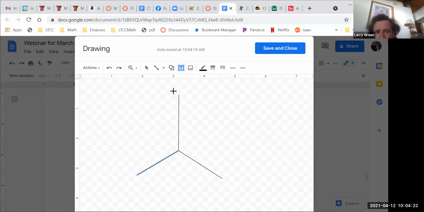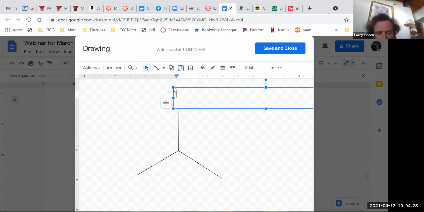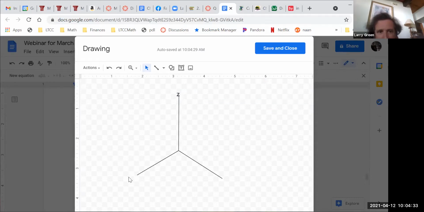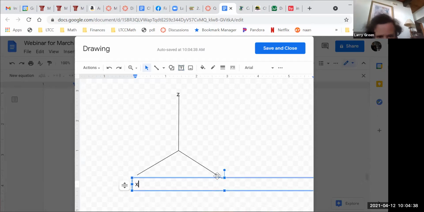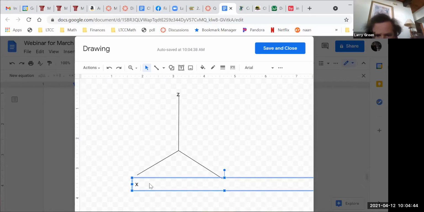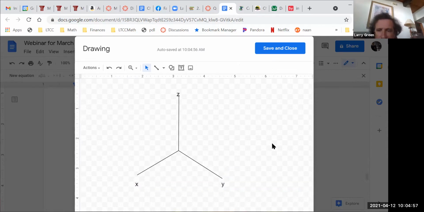So you draw 3 lines that are kind of equal angle, label them, and this upper one is Z. The one on the left is X. And the one on the right is Y. Sometimes we call this the right-hand rule.